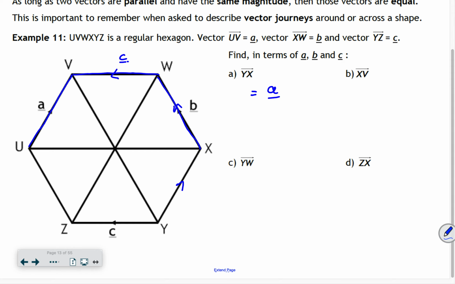So a shorter way of doing the vector X to W to V is just to do the vector XV. So XV is going to have components B plus C.